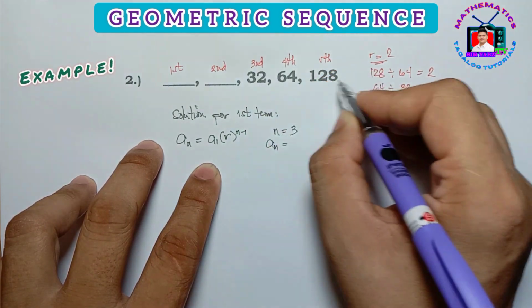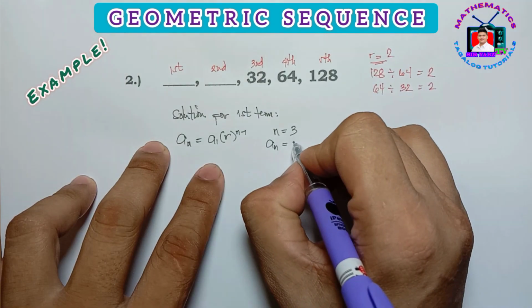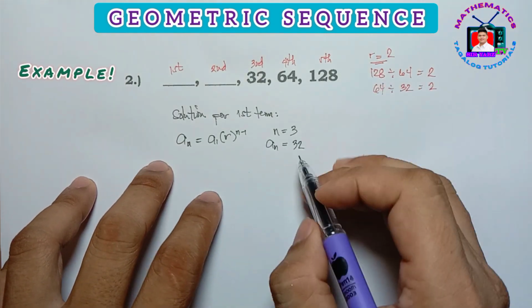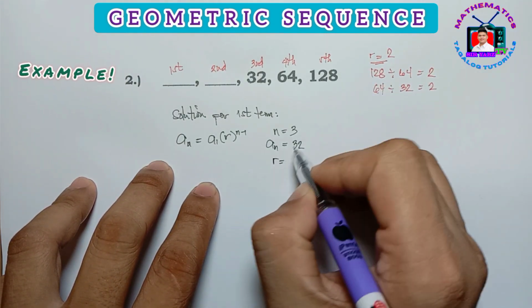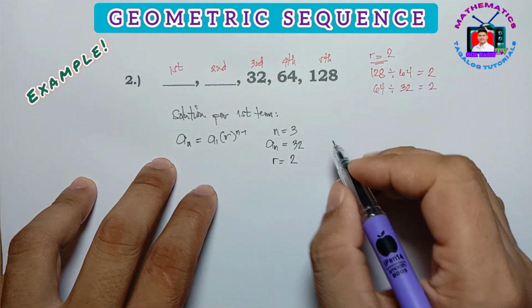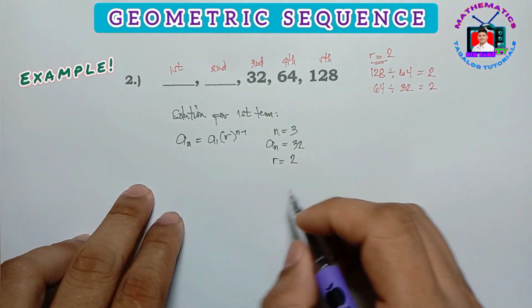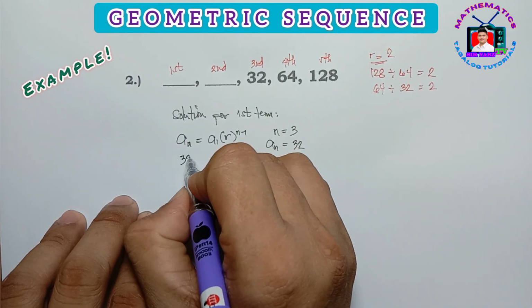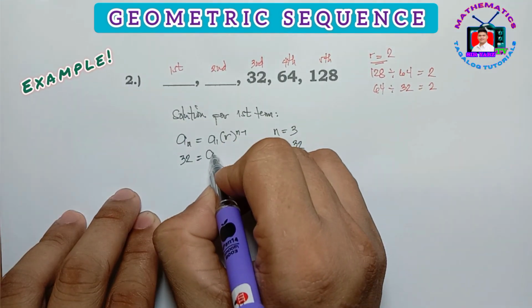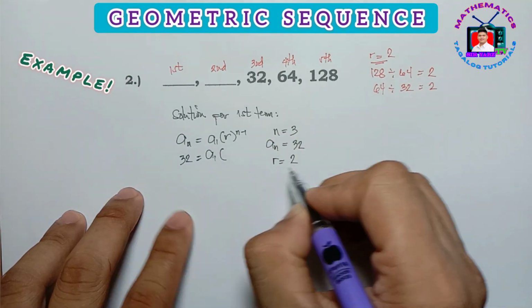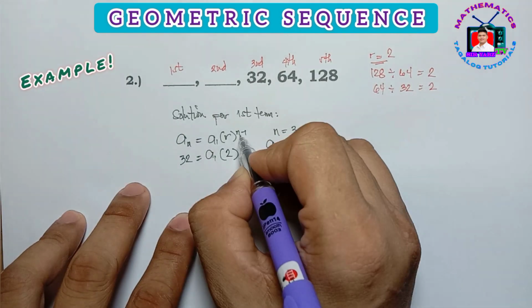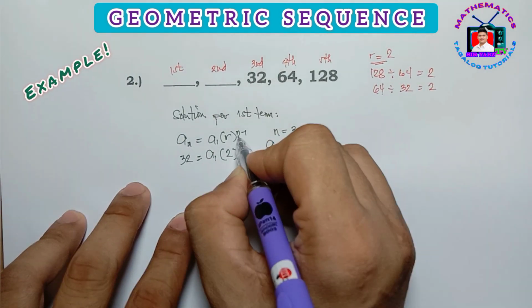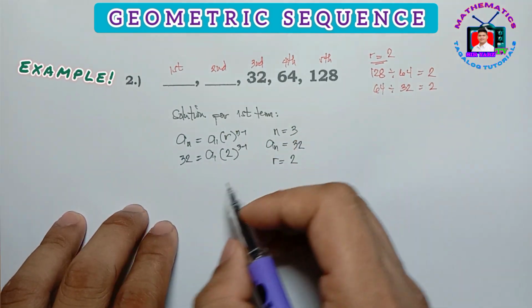So, a sub n is 32 because it is the smallest number. Then our n, since this 32 is the 3rd term, is 3. Then our ratio is 2. So, substitute into a sub n. Okay? So, that is 32 equals a sub 1. We don't have a value yet, that is the first term. That is what we will find. Then, r is 2. Then, n equals 3 minus 1.